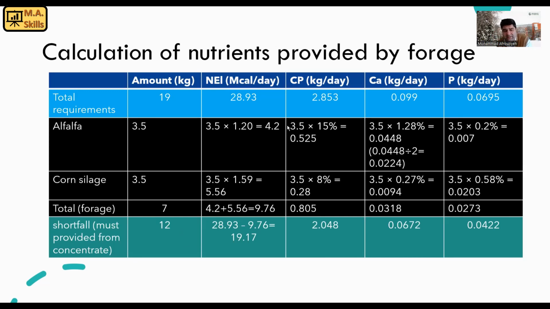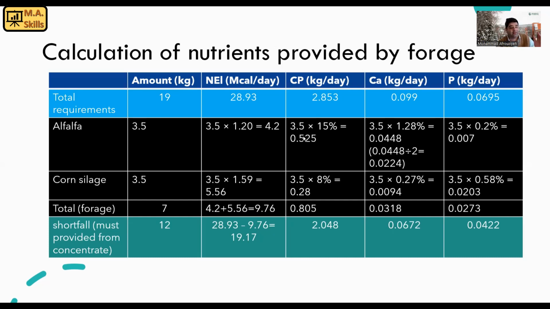So we said alfalfa has 15% protein. So what's the amount of protein in 3.5 kilos alfalfa? Just multiply the 3.5 by 15%. It's gonna give you roughly half kilos protein.